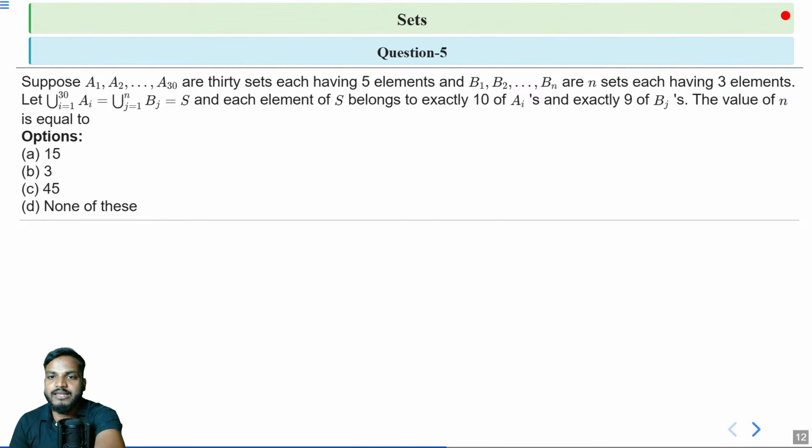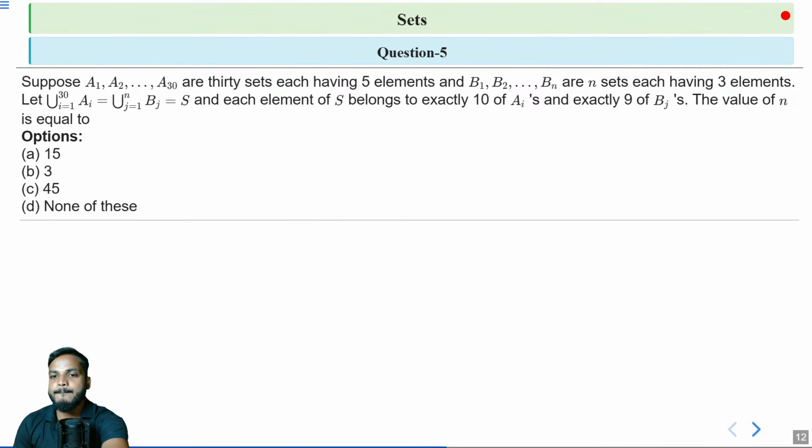The given condition is that every element of S appears in exactly 10 of the Ai sets and exactly 9 of the Bj sets. So if an element X belongs to S, then X must belong to exactly 10 of the Ai and exactly 9 of the Bj. That is your given condition.